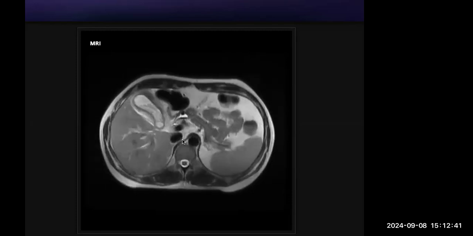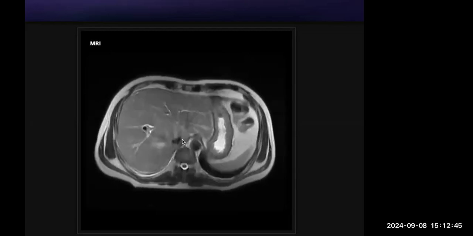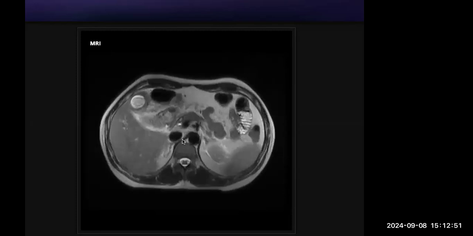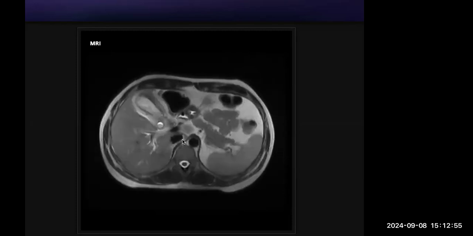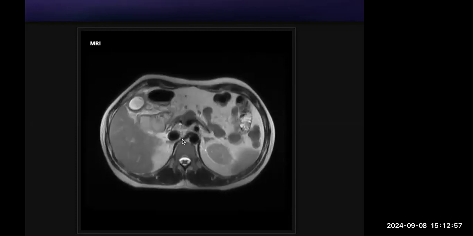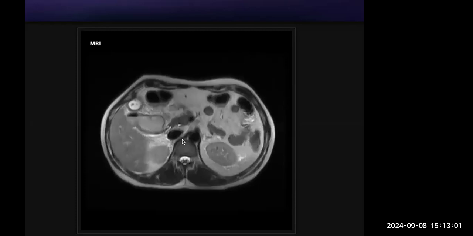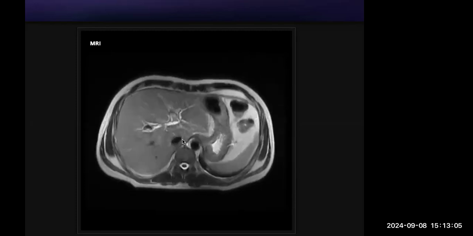I would have to confirm that on the fat suppressed sequences. There is some intrahepatic biliary duct dilatation as well, and a similar T2 hypointensity within the bile duct. The proximal part of the bile duct appears prominent, but distally it shows tapering.